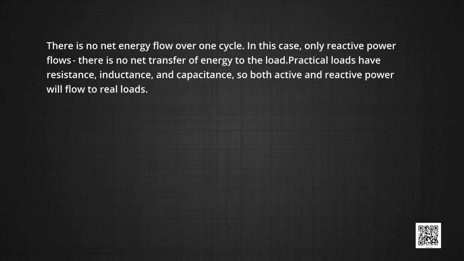That is, there is no net energy flow over one cycle. So, in this case only reactive power flows; there is no net transfer of energy to the load. Practical loads have resistance, inductance and capacitance, so both active and reactive power will flow to real loads.